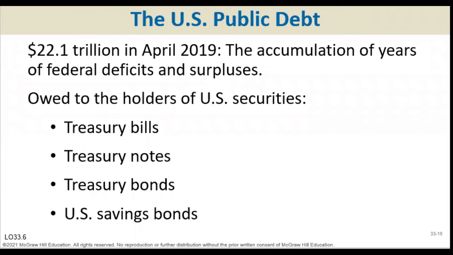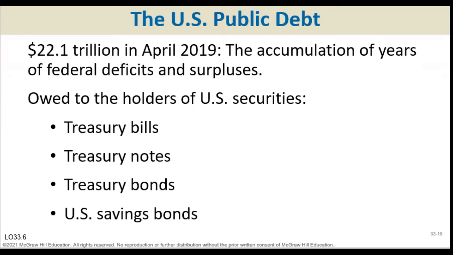U.S. public debt. So the national public debt is the accumulation of the federal total deficits and surpluses that have occurred throughout time. And usually it's a result of war financing, right? Lack of political will to reduce them.